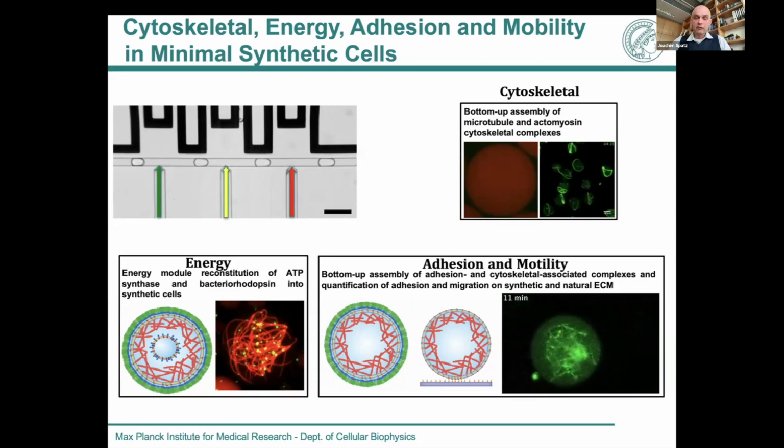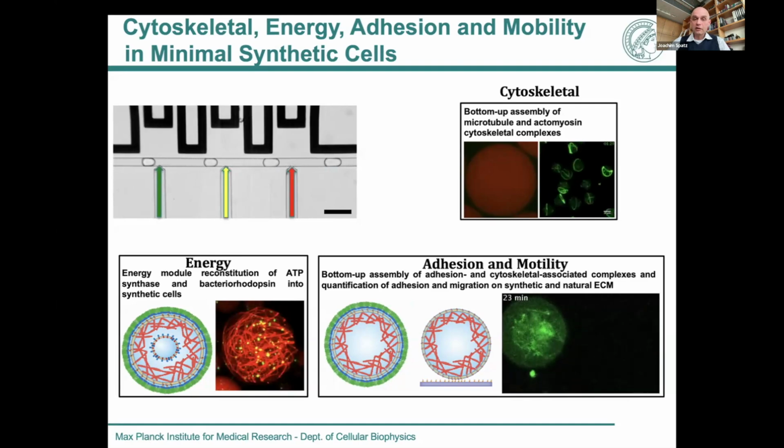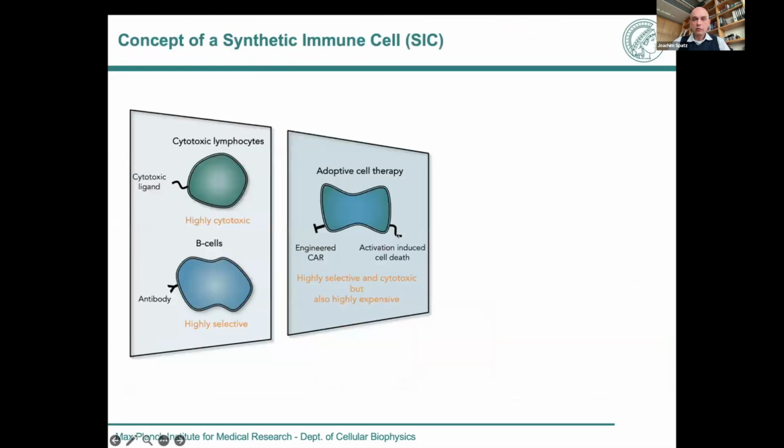While this is maybe some very basic and strongly engineered applications, we then went to more biomedical inspired applications to use synthetic cells. And one is, we are looking now these days very strongly into synthetic immune cells. So can we generate synthetic cells which have functions of immune cells?